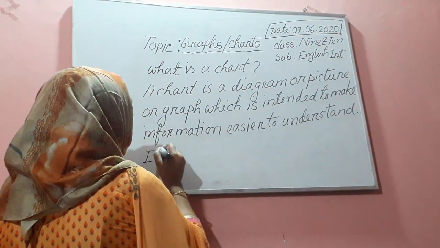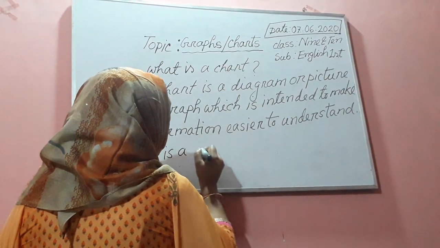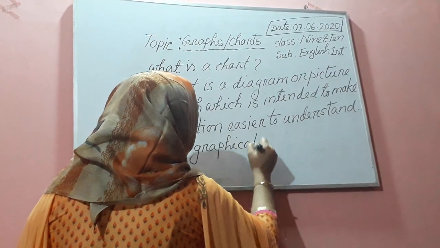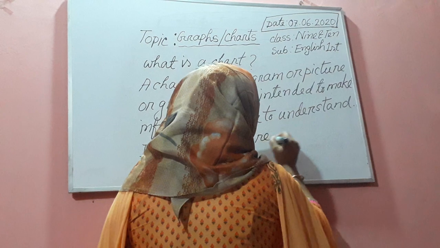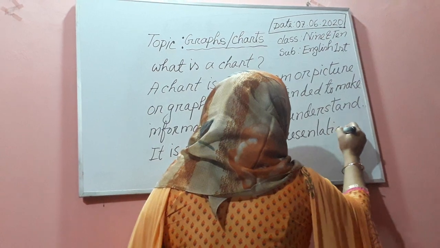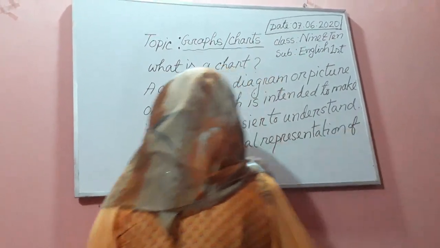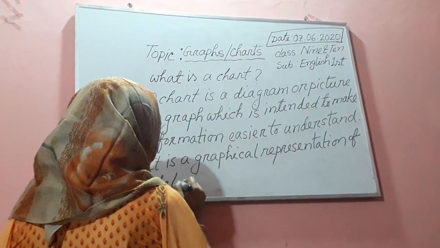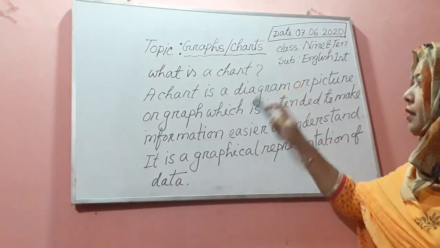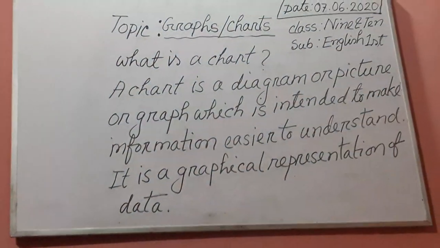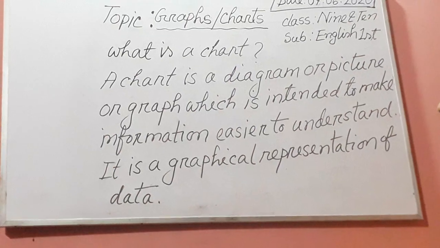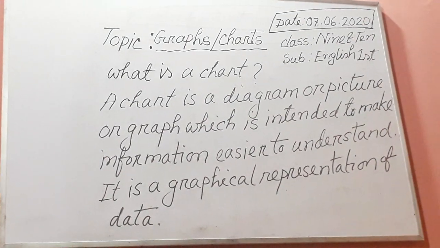It is a graphical representation of data. So dear, what is a chart? A chart is a diagram or picture or graph which is intended to make information easier to understand. It is a graphical representation of data.